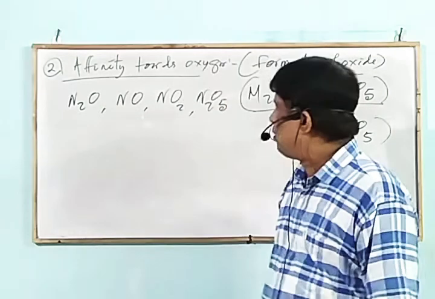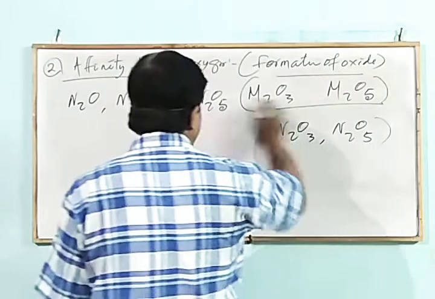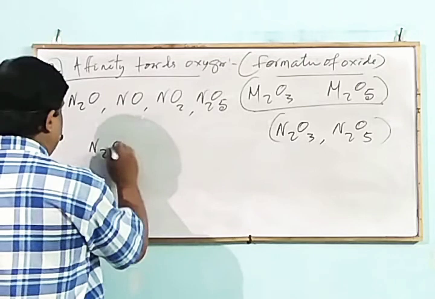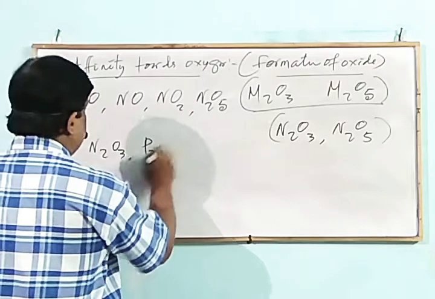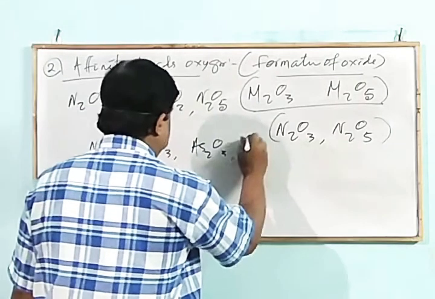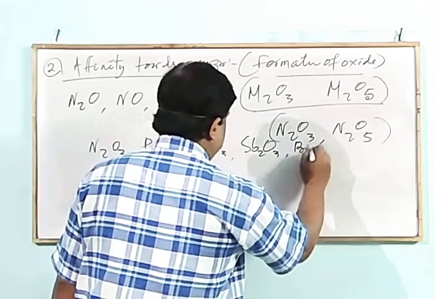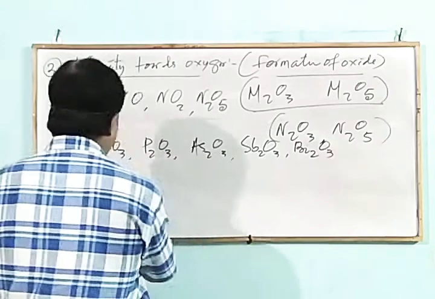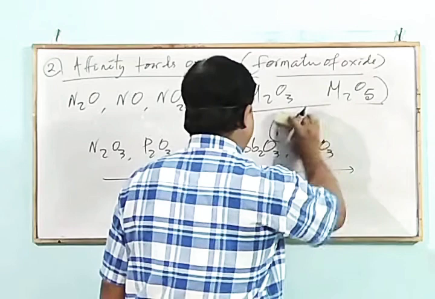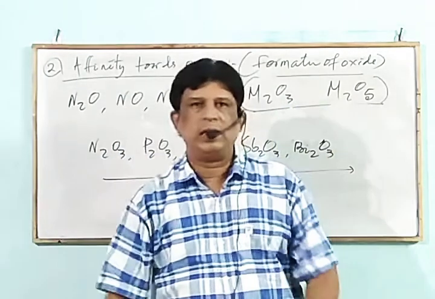And if we look at the trioxides, the different members of the trioxide, that is N2O3 nitrogen, P2O3 phosphorus, arsenic, antimony, bismuth. Among these, if we observe, their character gradually changes.